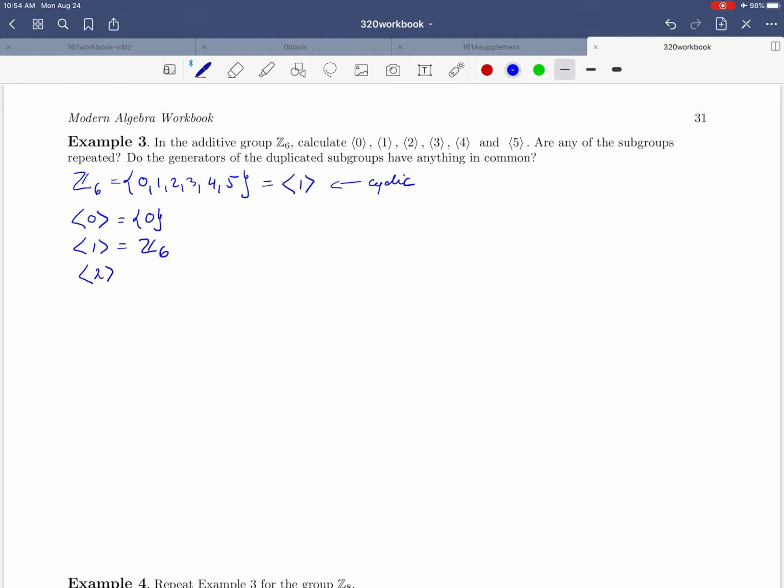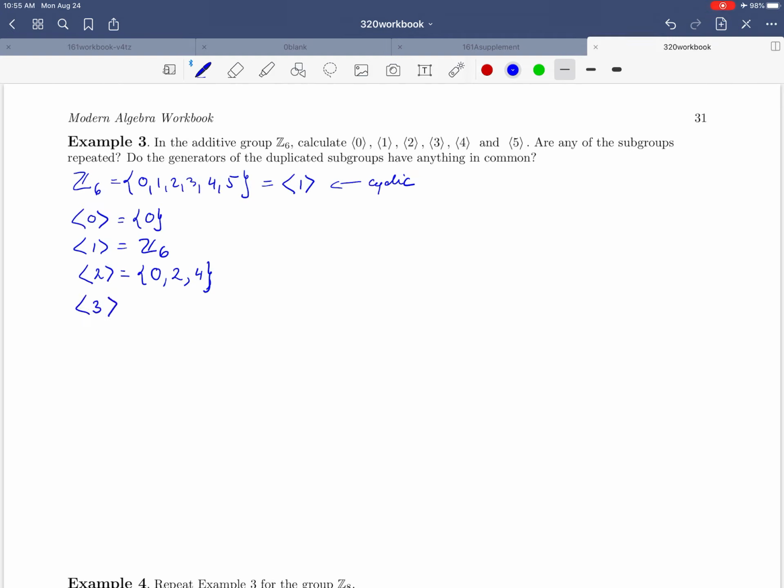What do we get when we take 2 as a generator? Well, we have 2. We get 2 plus 2, that's 4. And then 2 plus 2 plus 2, that's 6, which is 0. So that is really all I'm getting. Then we are starting over.